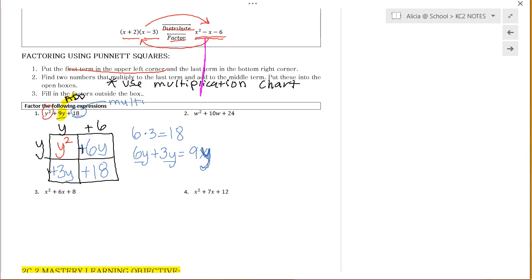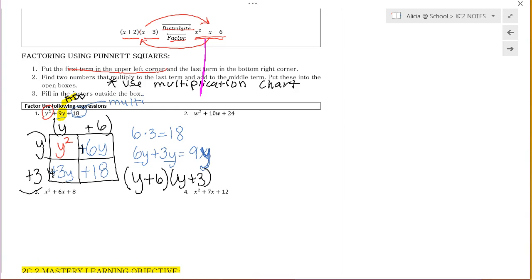The next one, y times a positive 3 gave me a positive 3y. And check the last box, 3 times 6 is 18. So these are my binomials that are going to factor that trinomial. My factors are going to be y plus 6 times y plus 3. Those are my two factors, and I can go ahead and move on to the next example.